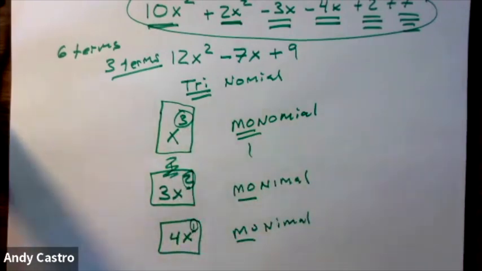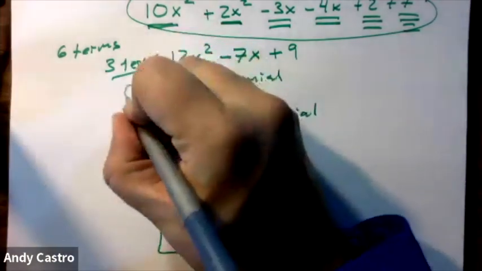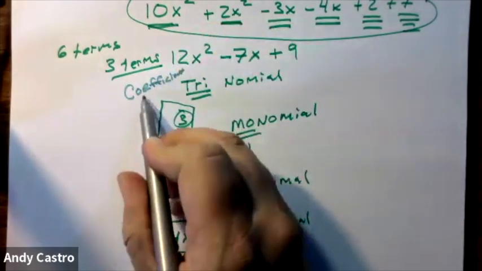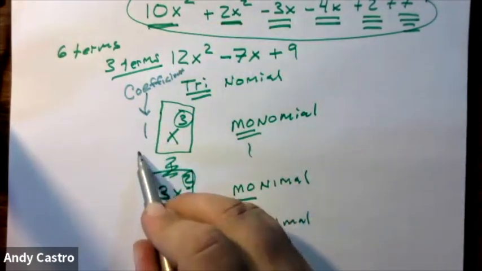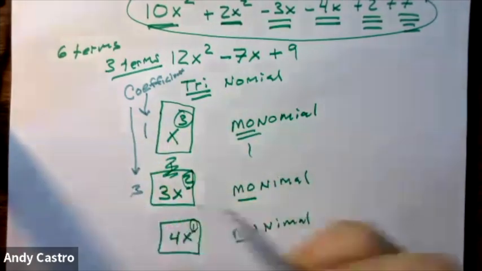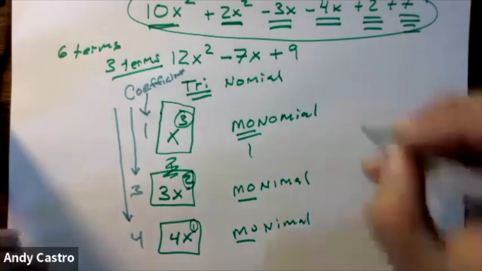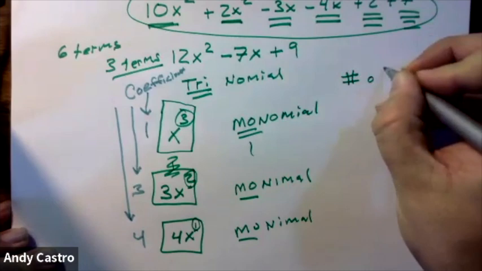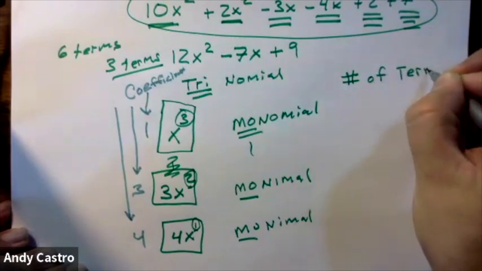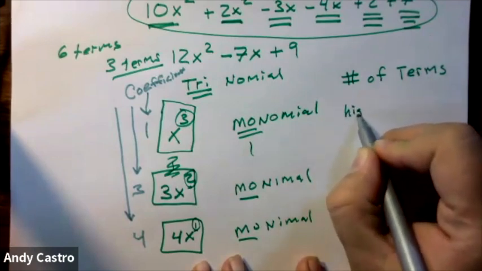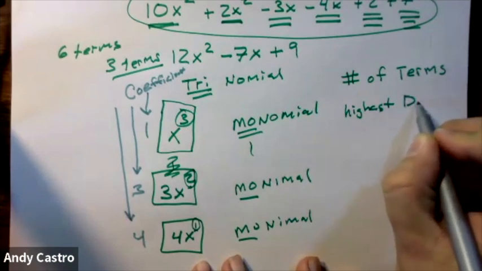The other thing that's different are the coefficients. The coefficient here is 1. The coefficient here is 3. And the coefficient here is 4. The way that we name polynomials is by the number of terms and then the highest degree.